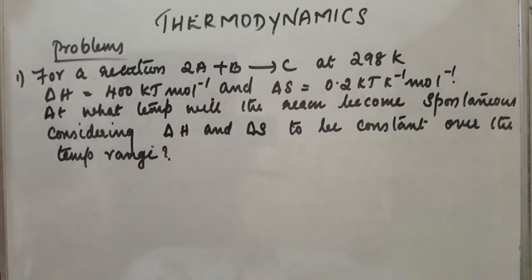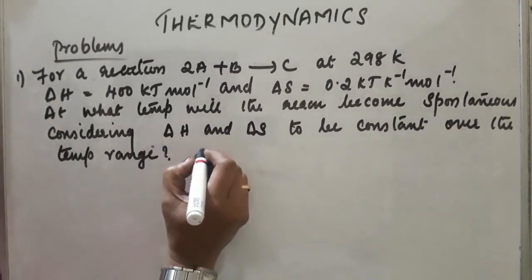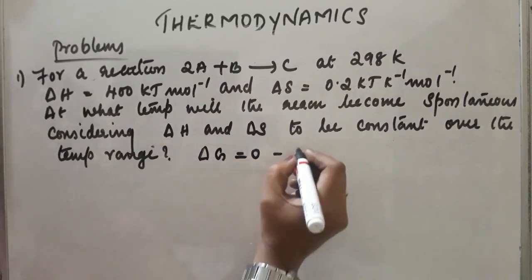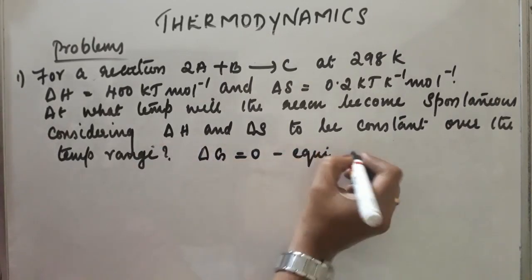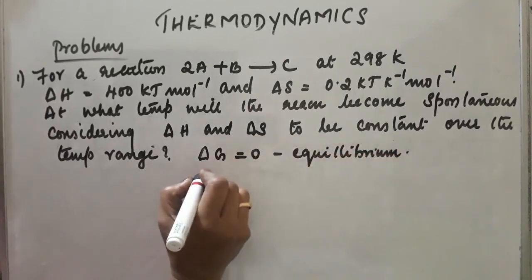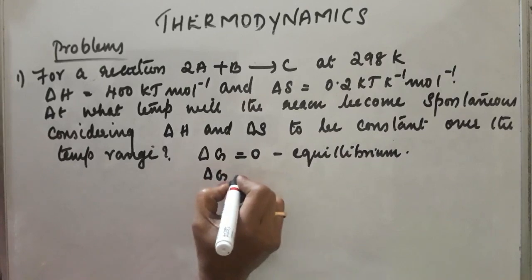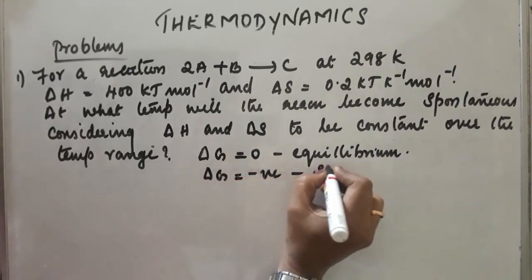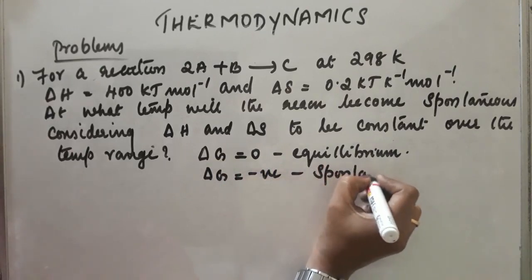Now we know delta G will be equal to 0 if the reaction is at equilibrium. Also we know delta G will be negative if the reaction is spontaneous.